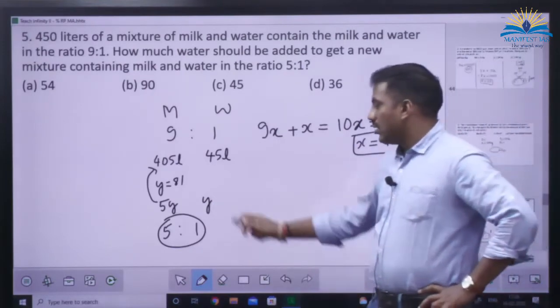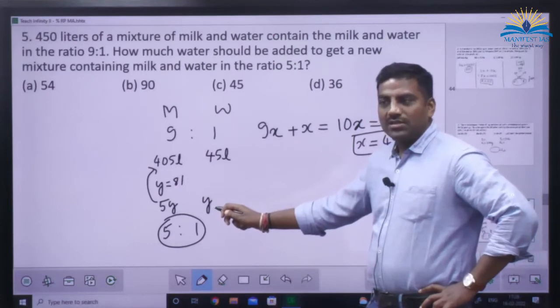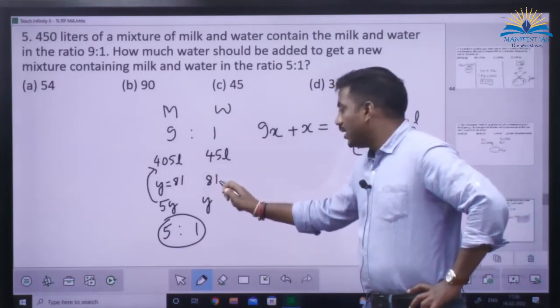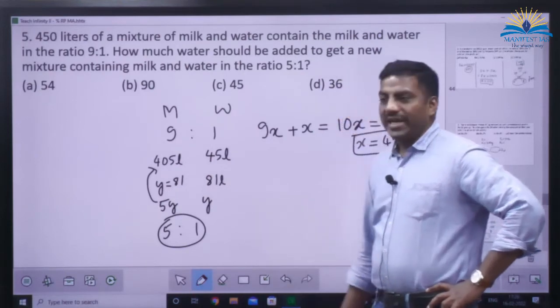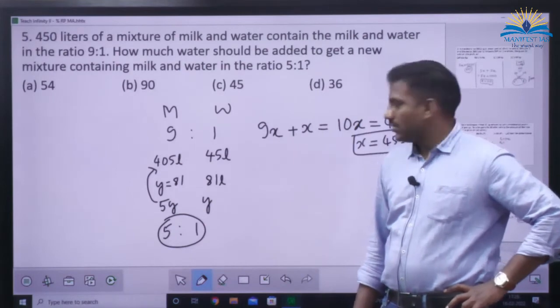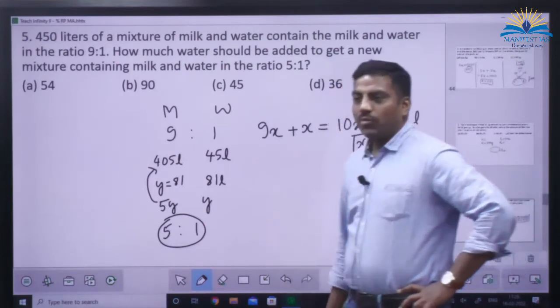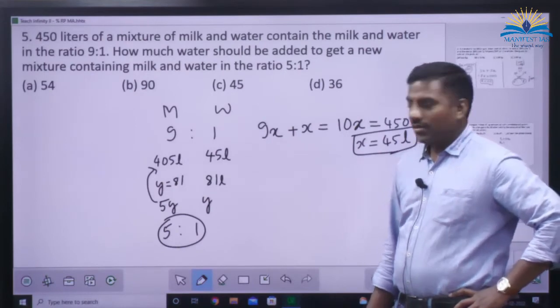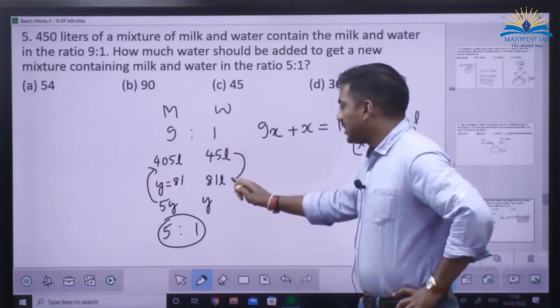Now the y value is 81, so the amount of water should be 81 liters in the new mixture. But how much water is already there? So how much do I have to add?